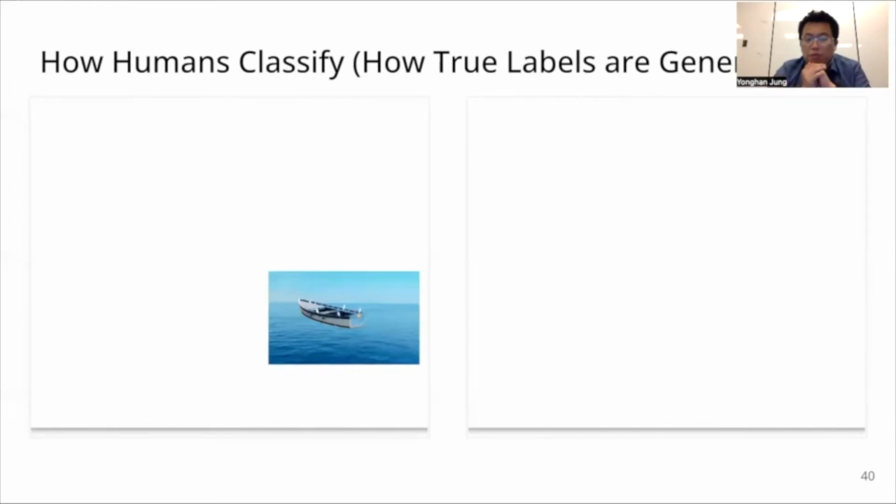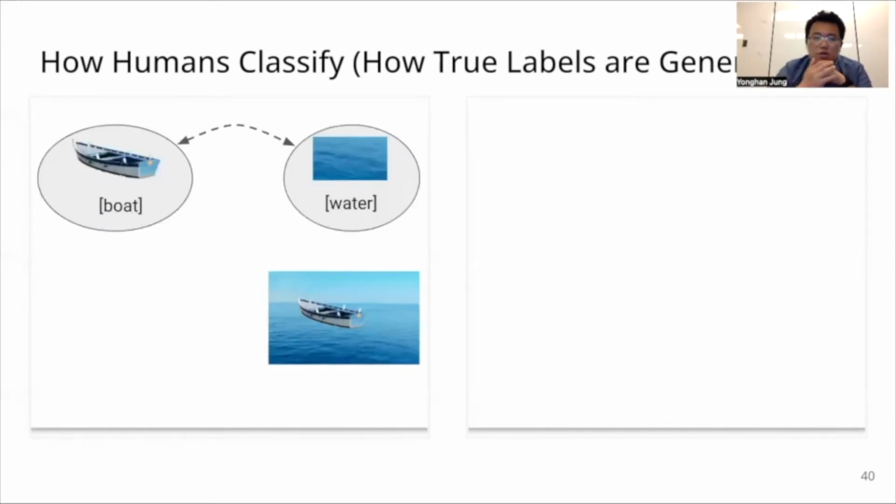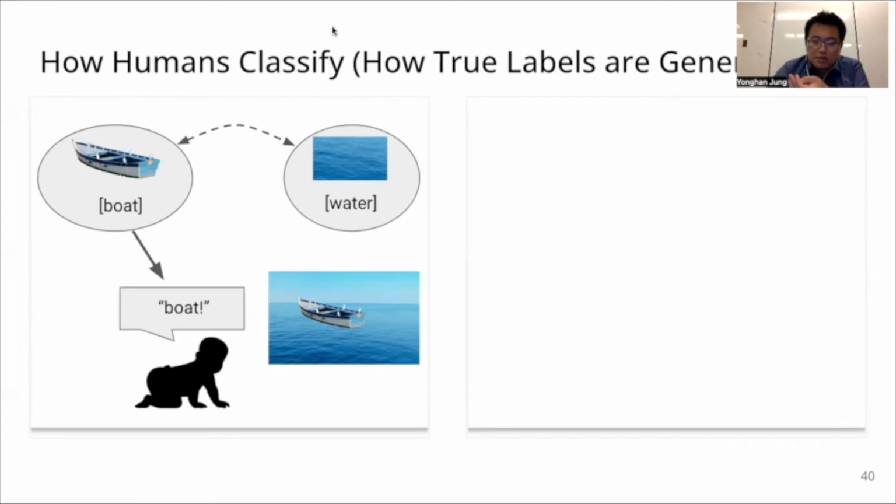So there is a boat on the road, and what humans see is the boat object and the road object. And only this boat object affects the human decision, even for a baby.